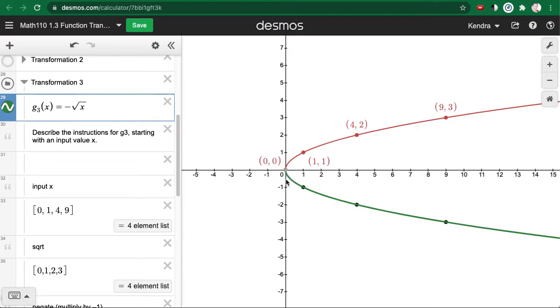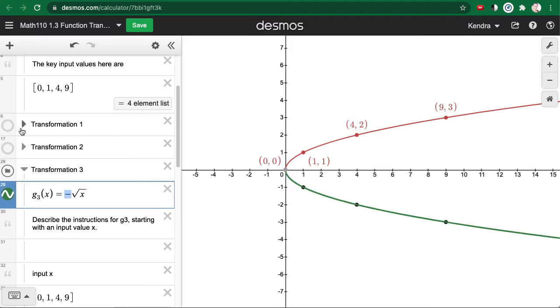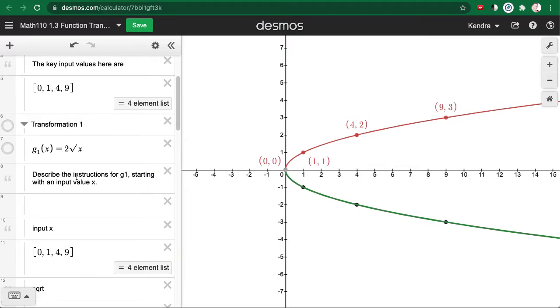And so there's our graph that goes through those key points. If we were to describe what this transformation is, you might say it is reflecting the graph across the x-axis, but I would say this transformation is a multiplication of the y coordinates by -1, in the same way that this transformation is a multiplication of the y coordinates by 2.